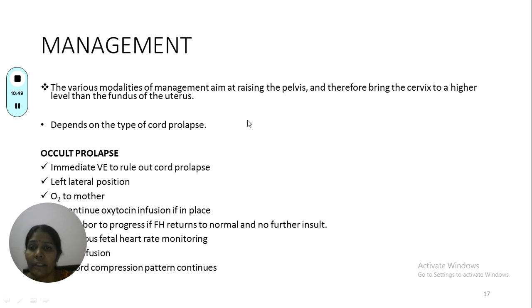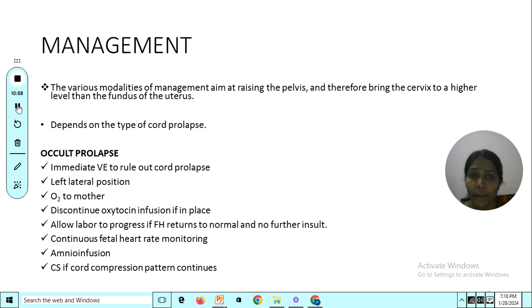So how are we managing? Cord prolapse is an obstetric emergency where early delivery of the fetus is important to prevent perinatal morbidity as well as mortality. So these are the various modalities of management. Our first aim is to prevent compression of the cord that is already happening and then to deliver the baby.